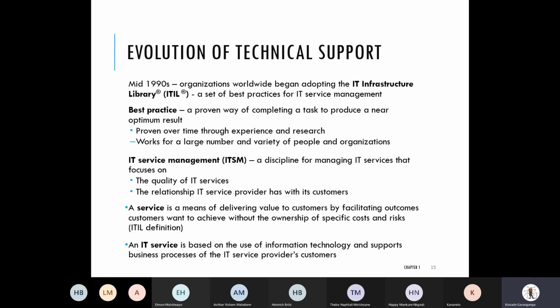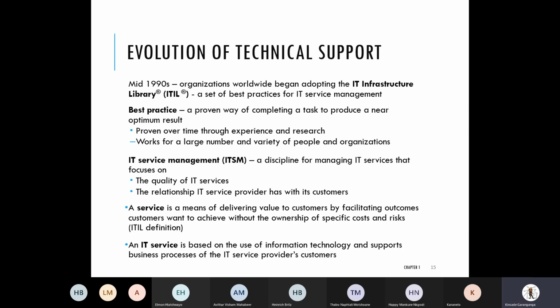With best practice, you're looking at something that has been tried and tested in completing a task to produce near optimum results, not absolutely optimum, because we've mentioned before that it can never be 100% in providing these services, but you can push towards that figure. It's something that's proven over time through experience and research, and that works for a large number and variety of individuals and institutions.